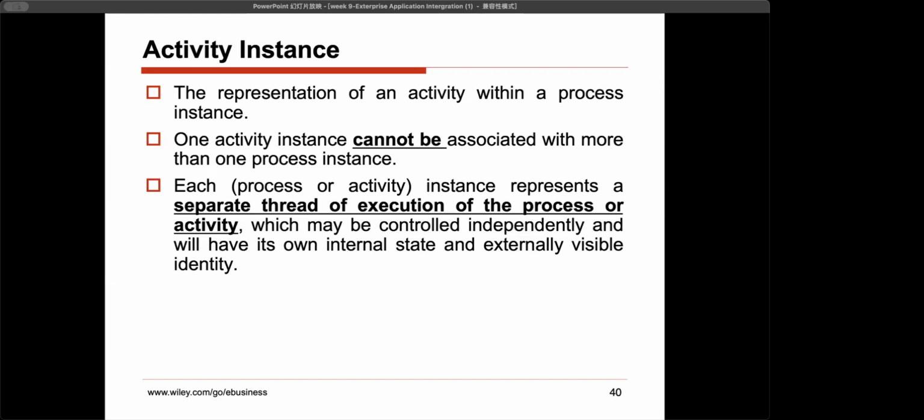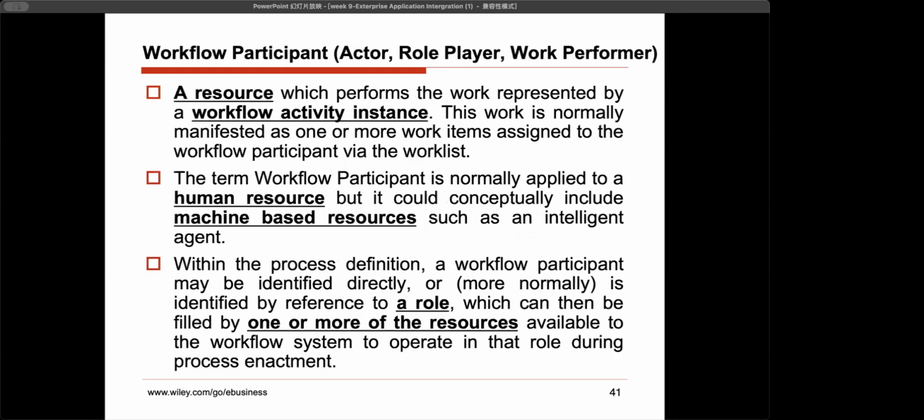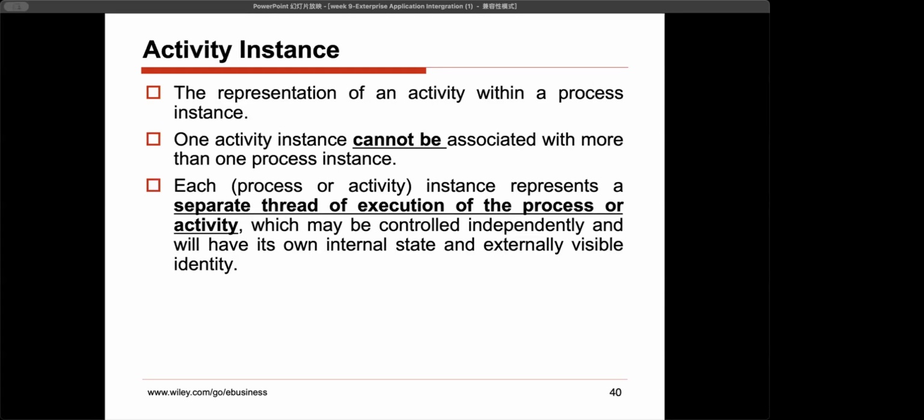Each process or activity instance represents a separate thread of execution of the process or activity, which may be controlled independently and will have its own internal state and externally visible identity.